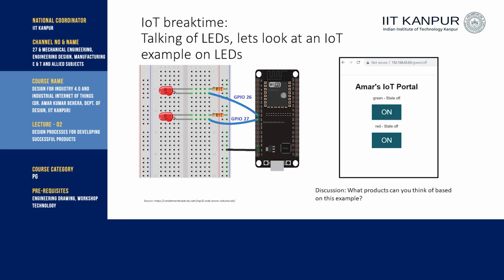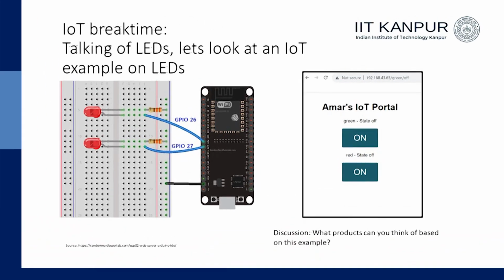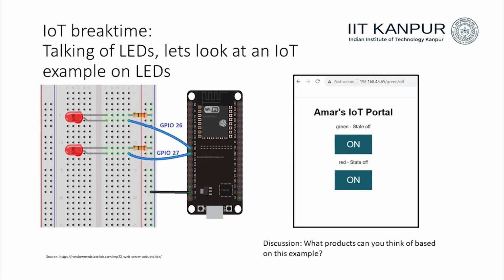As I just shared, there were two LEDs, and these LEDs are connected to pin 26 and pin 27 of this ESP32 microcontroller board. Then you have two resistors which are connected to ground, and this ground is connected to the ground of this board.